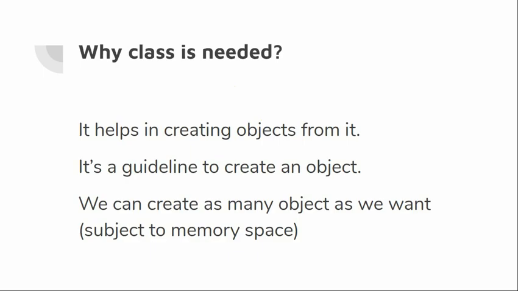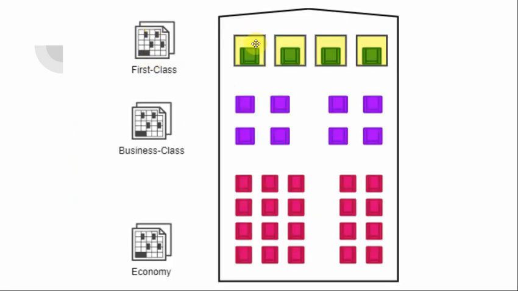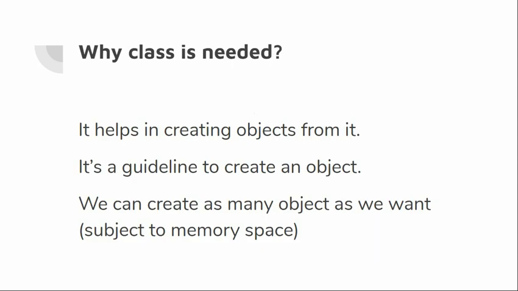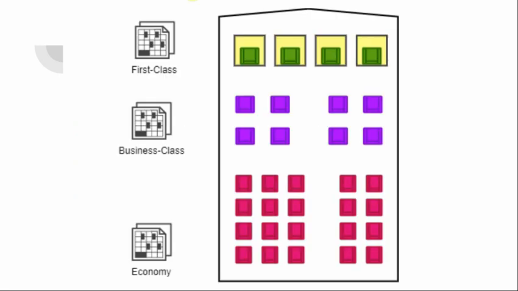So why is a class needed? It helps us in creating objects from it. It is a guideline to create an object. This could be a guideline for a person, this could be a guideline for an engineer, but for a programmer or for a compiler, this is a guideline for how to create an object, what type of object it needs to create.